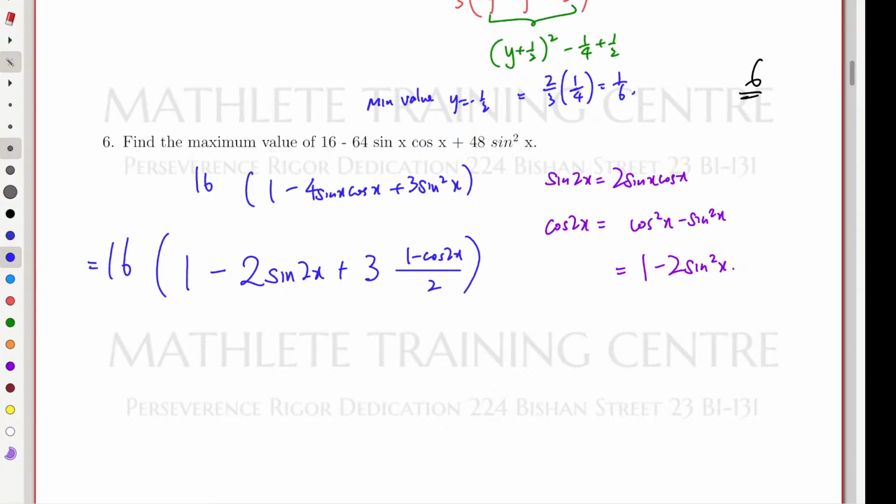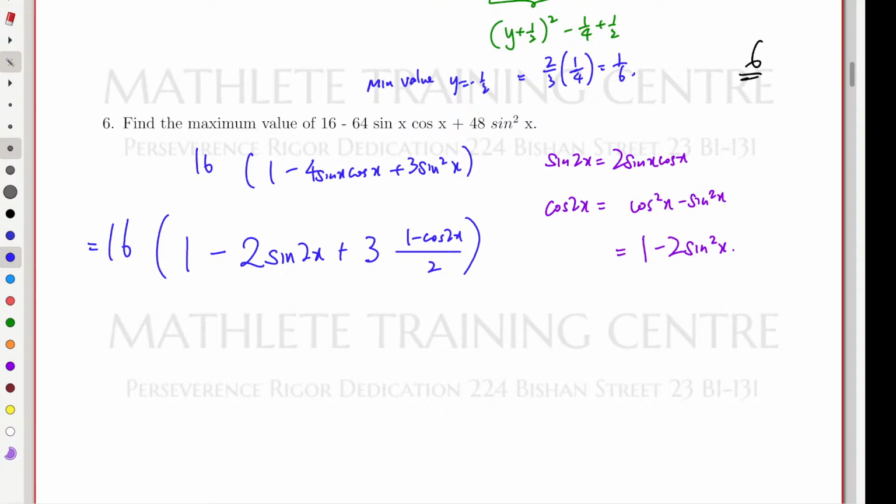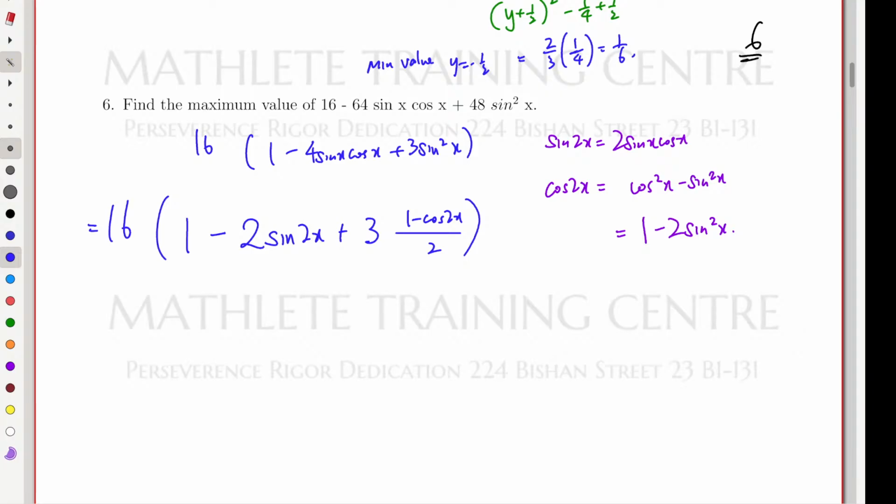Okay, so now this expression becomes something that seems to involve only sine 2x and cosine 2x, right? And let me bring 2 from 16 so that I don't have to work with not very nice denominators. So once you bring a 2 in, this becomes a 2, this becomes a 3, the constant term becomes a 5. Then you have a minus 4 sine 2x and then a minus 3 cosine 2x.